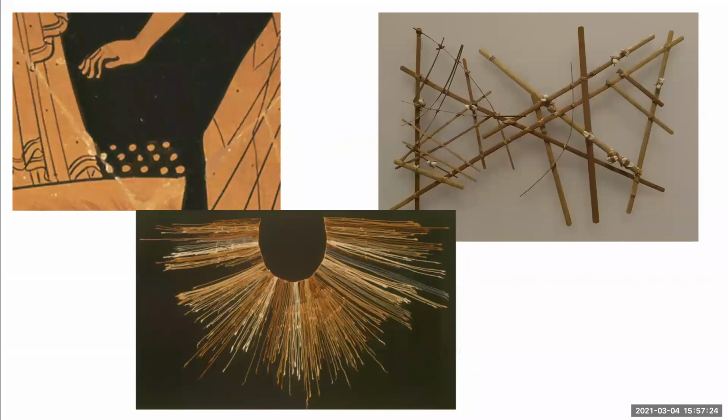But this is a lot older than you might think. I don't know if anybody is aware of this, but on the top left, what we're seeing is a detail of an Attic red figure vase from 490 BCE.